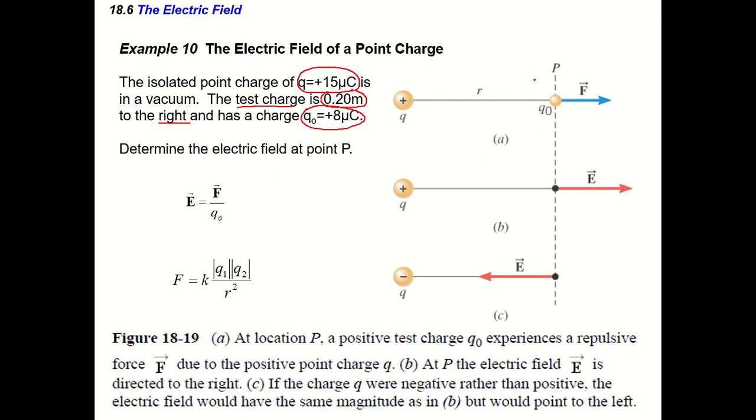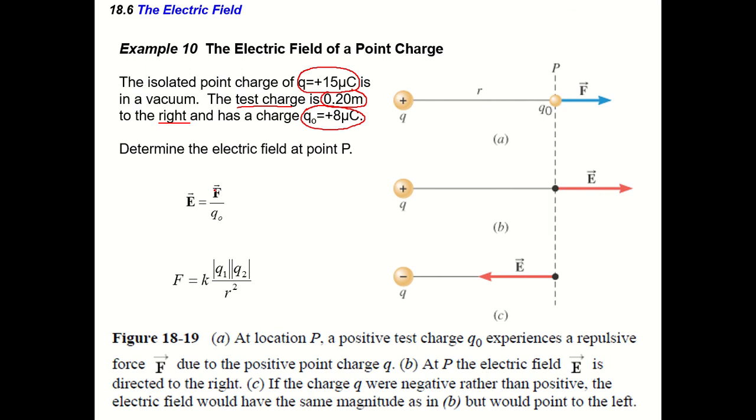Shown in this illustration, this is our Q sub 0, with the positive charge and negative charge. If this is a positive charge, what will happen? They will repel each other.